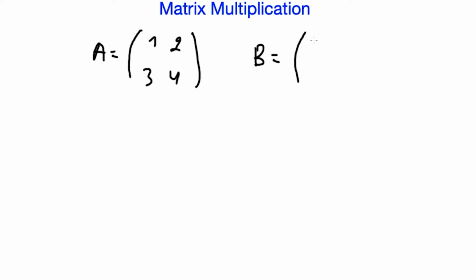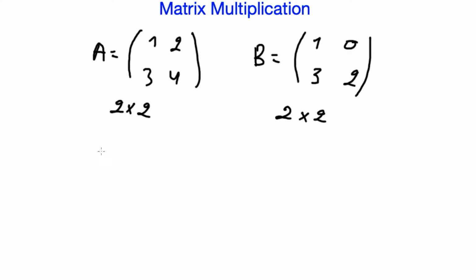For example, if we have a square matrix A equals 1, 2, 3, 4, and another 2 by 2 matrix B equals, for example, 1, 0, 3, 2. So in this example we have a 2 by 2 matrix, and the other matrix is also 2 by 2.